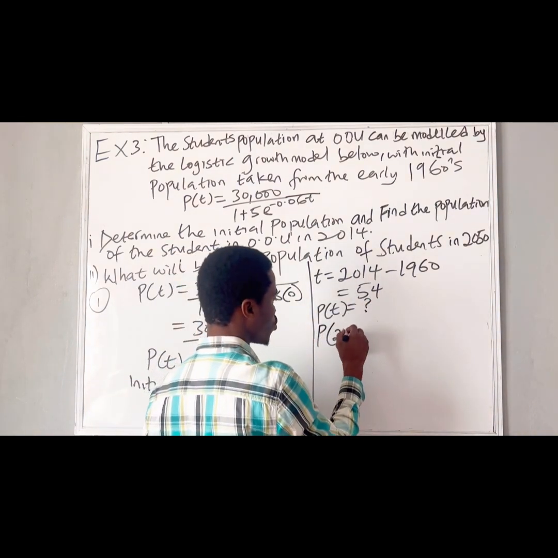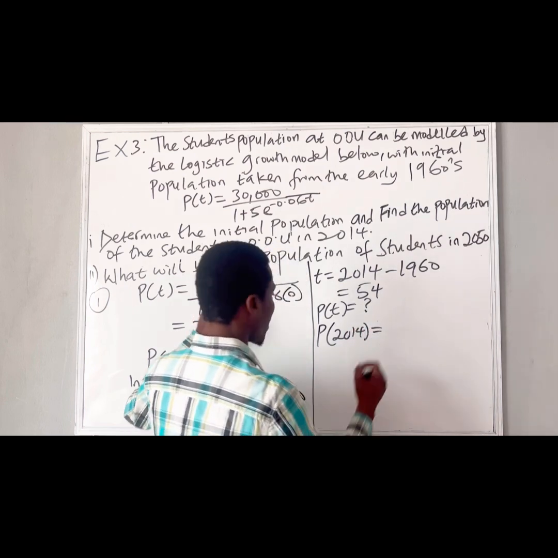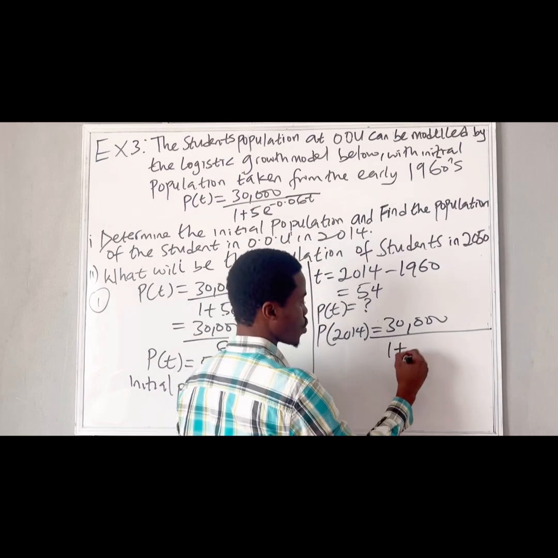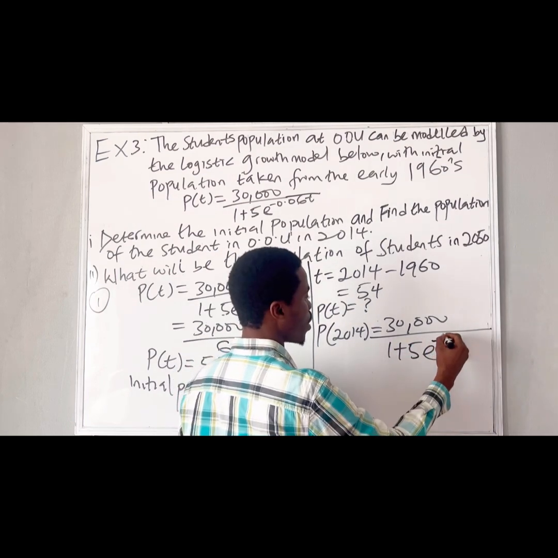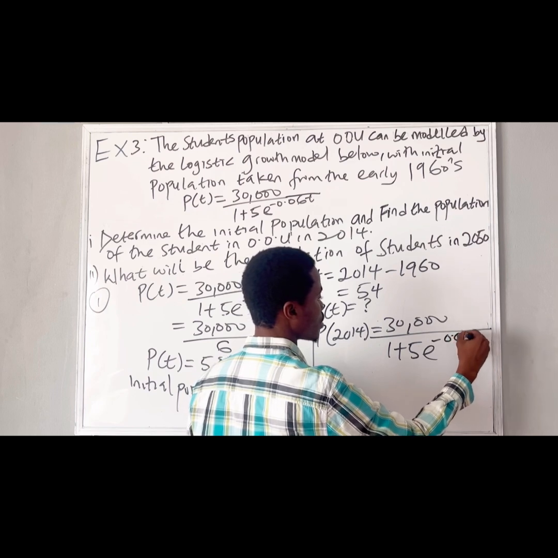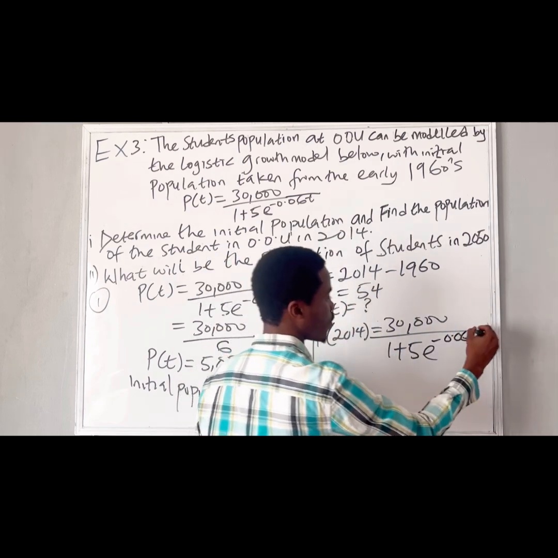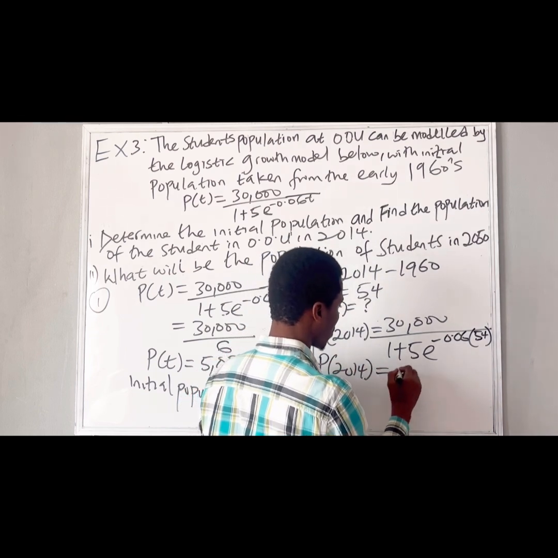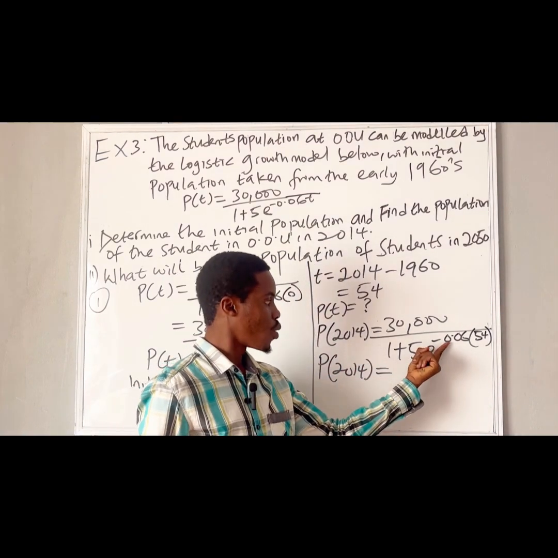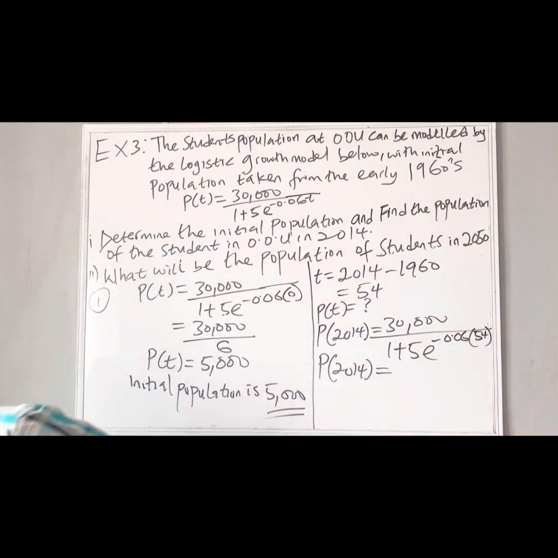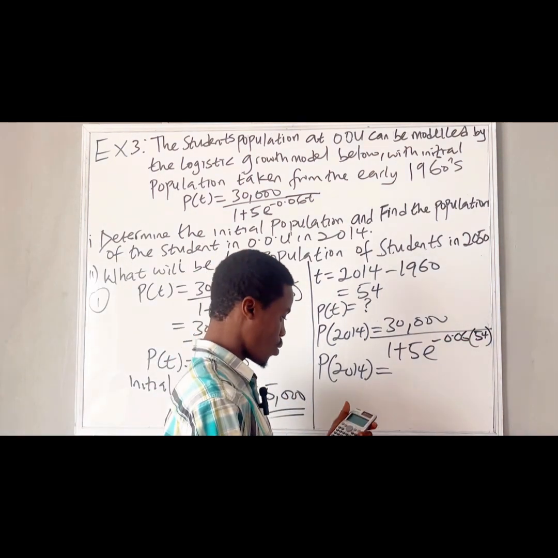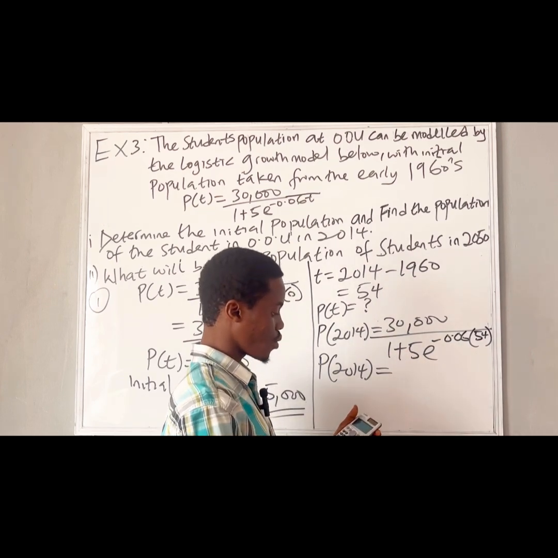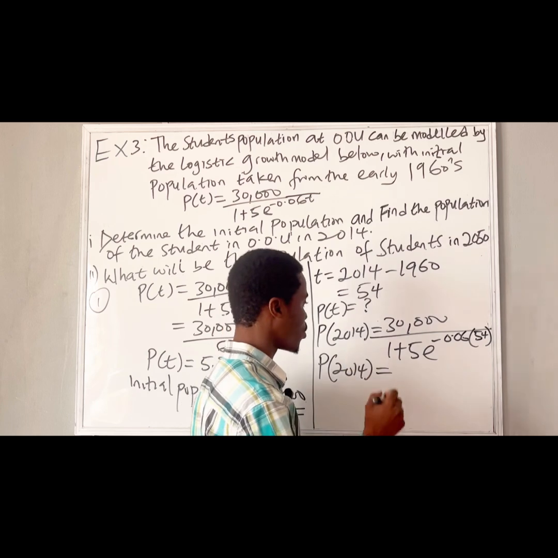So we now have P of 2014 is equal to 30,000 over 1 plus 5 exponential to the power of negative 0.06 times t. Then our t is 54. If you multiply 0.06 times 54, we are going to get minus 3.24.